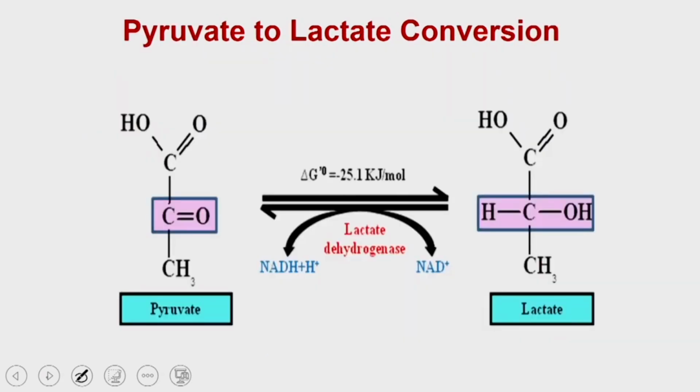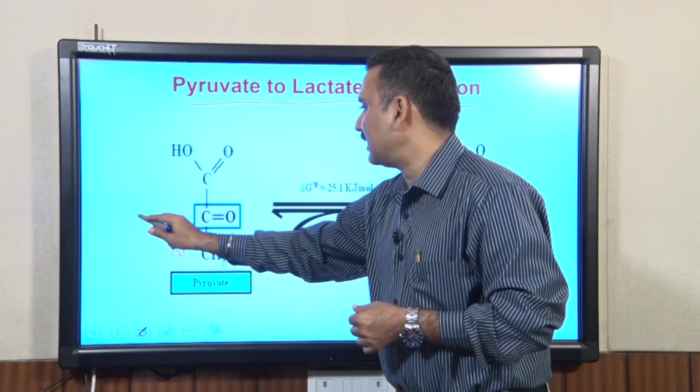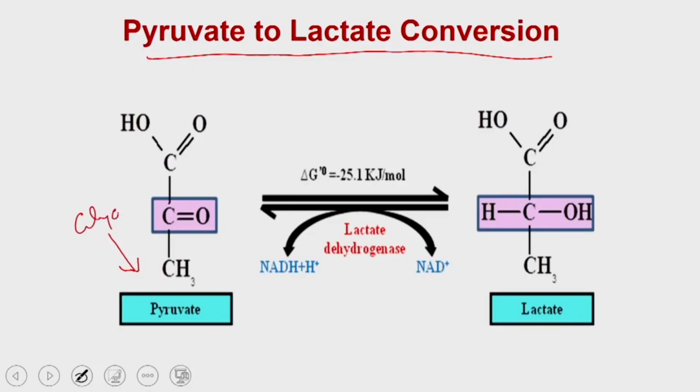So, let us start with the first reaction, which is the conversion of pyruvate to lactate. As we said, this pyruvate is generated from the glycolysis. From the glycolysis you have utilized the glucose molecule and produced pyruvate. In the absence of oxygen, the pyruvate will not enter into the Krebs cycle.